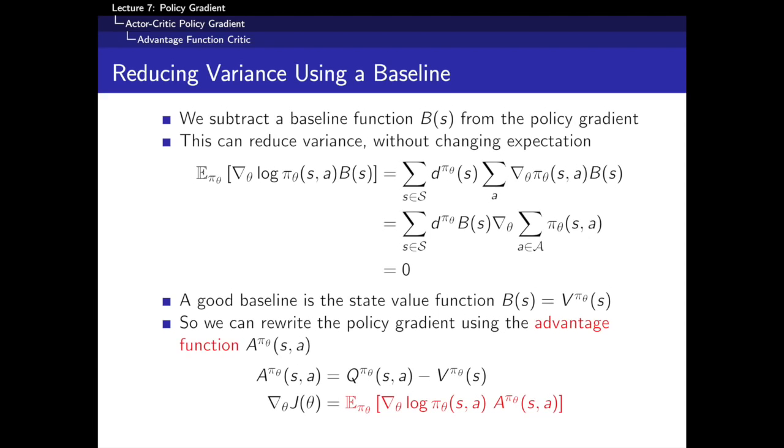So what we're going to do is subtract off some term which looks like this from our policy gradient. Our policy gradient was the score multiplied by the value function, and we're going to subtract off the score multiplied by some baseline function. We choose that baseline function just to reduce the variance, to make this thing mean 0 and roughly the right scale.